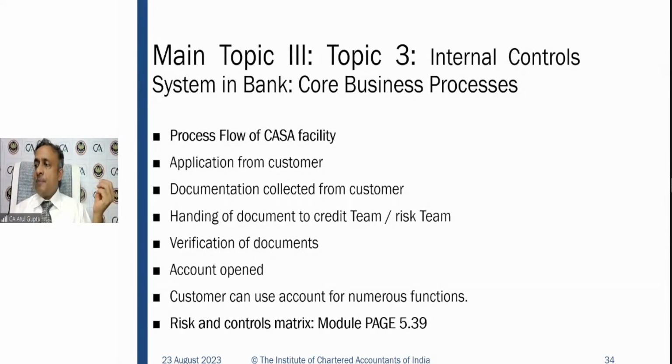Then Shivam says PAN card to income tax department. Yeah, Shivam, good. PAN card is basically covered in the third header: documentation collected from customer. Based on the nature of account the customer is opening, documents are collected, and PAN card is one of the documents that bankers collect.